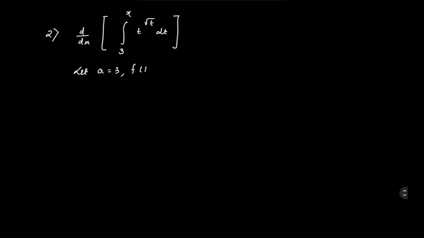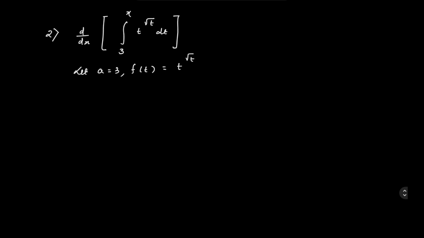Now let us solve one more question of type 1. Find the derivative d by dx of the integral from 3 to x of t raised to root t dt. Here select a equal to 3 and f(t) equal to t raised to root t.